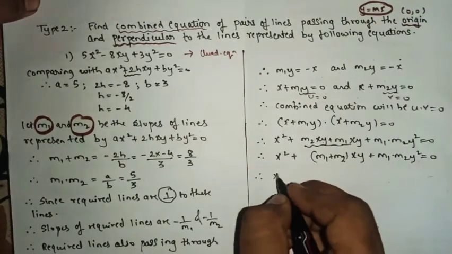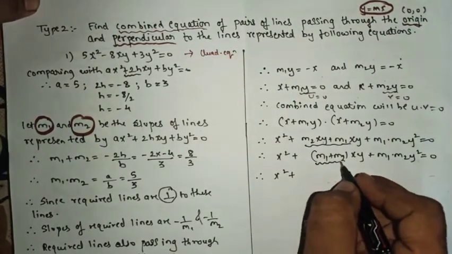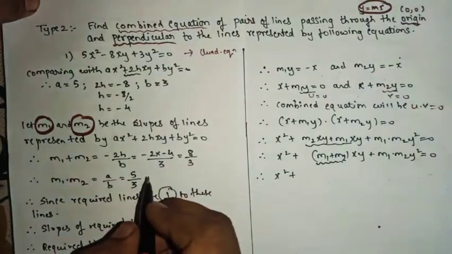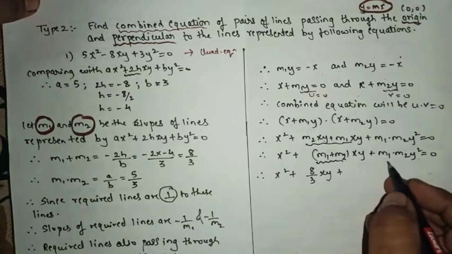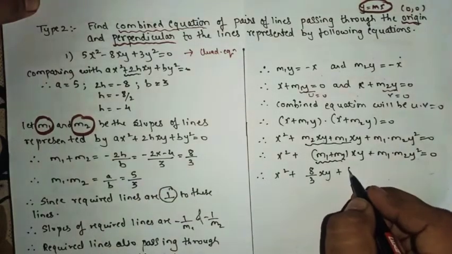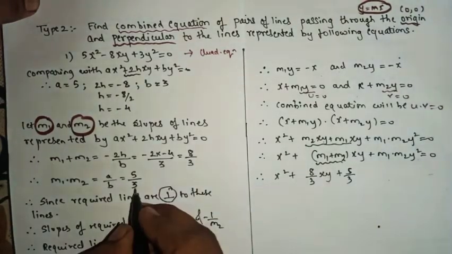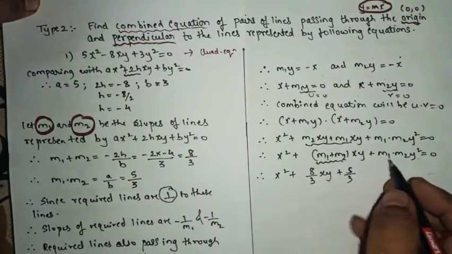So as we know, what is the value of m1 plus m2? It is 8 by 3. Yes or no? And what is the value of m1 m2? It is 5 by 3. Yes or no? 8 by 3 and 5 by 3. Replace the values.